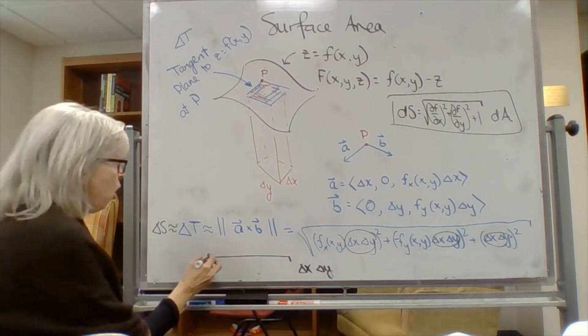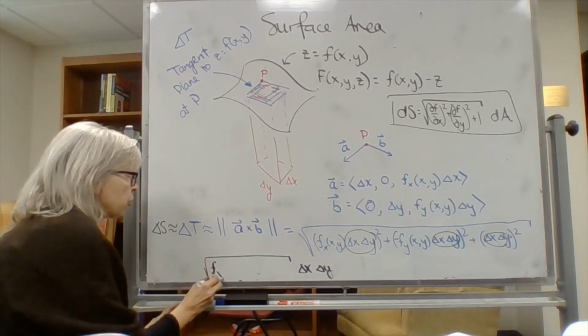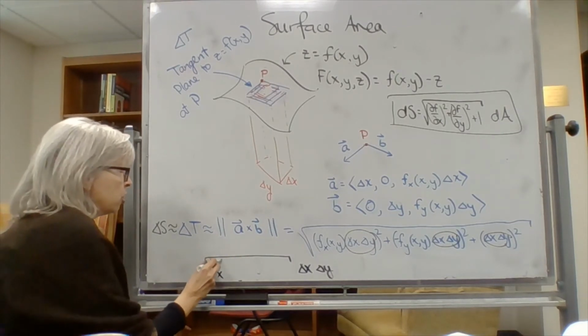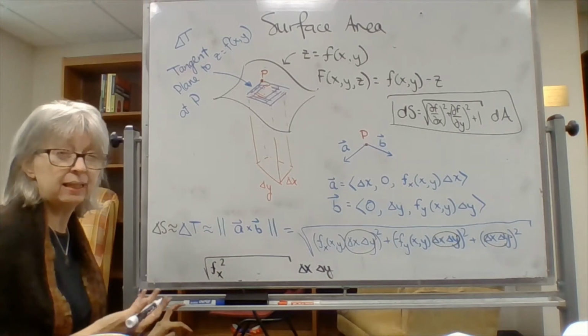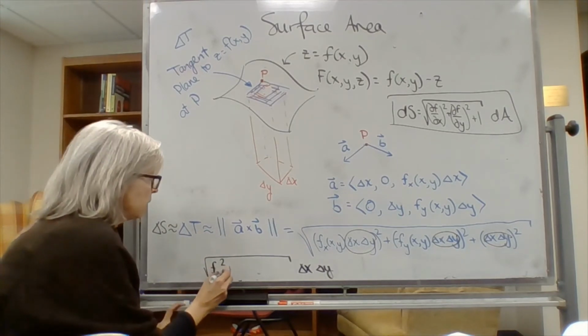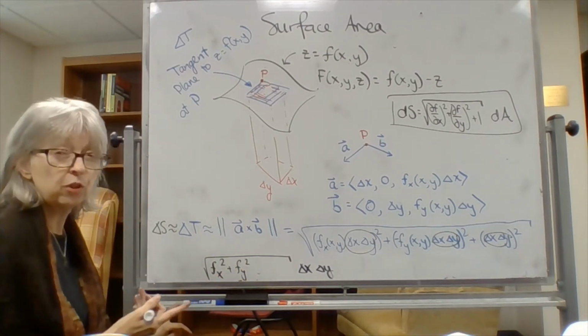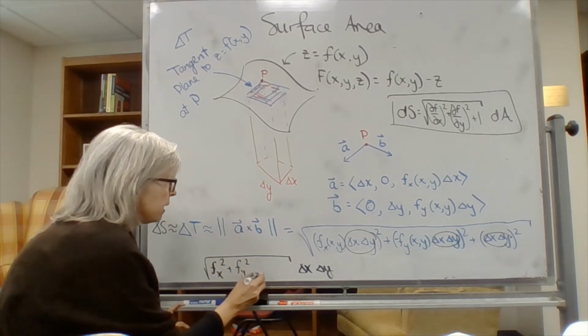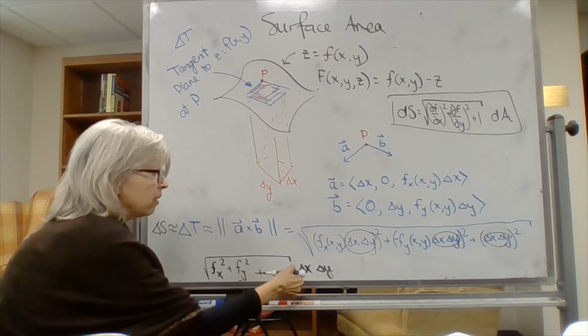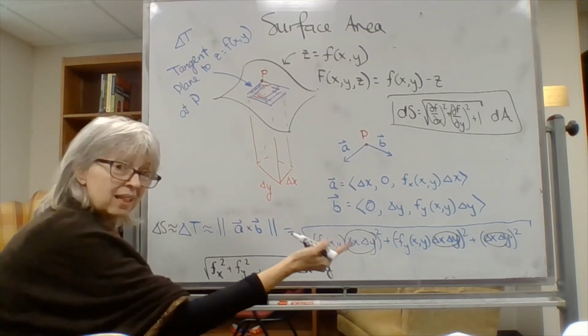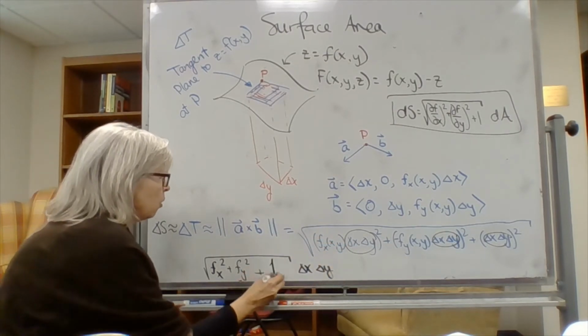If I factor that out, all I'm left with is the partial with respect to x squared, forgive me for shorthanding, but I've got less space, partial with respect to y squared, plus, well, factor delta x, delta y off of delta x, delta y, and I have 1 left.